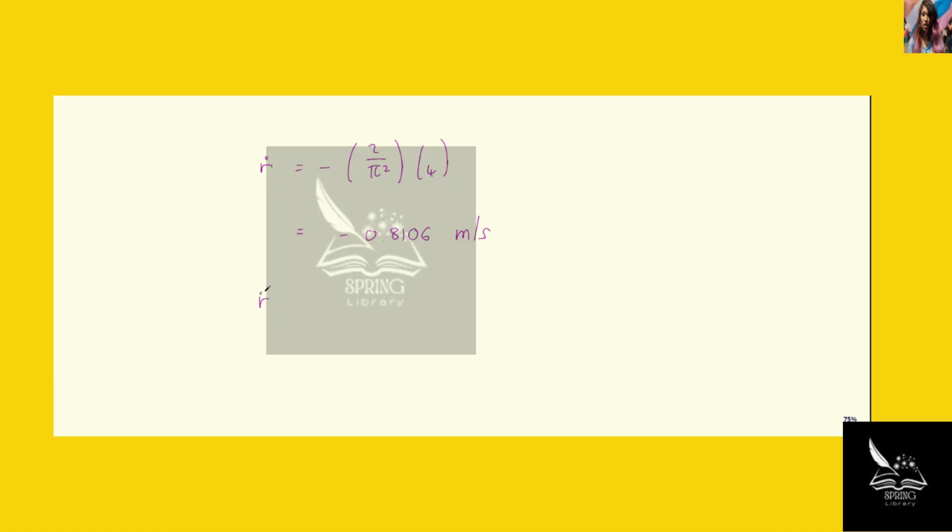And r double dot is 2 over pi cubed into 2 times 4 squared minus pi times 3, which gives us the acceleration r double dot to be 1.4562 meters per second squared.